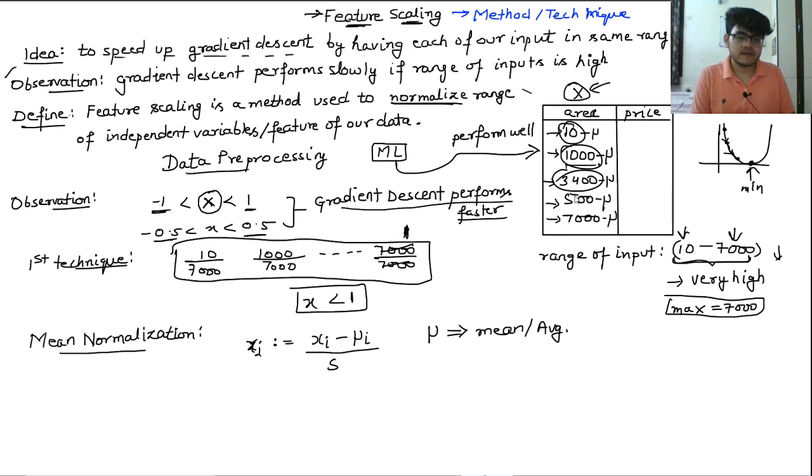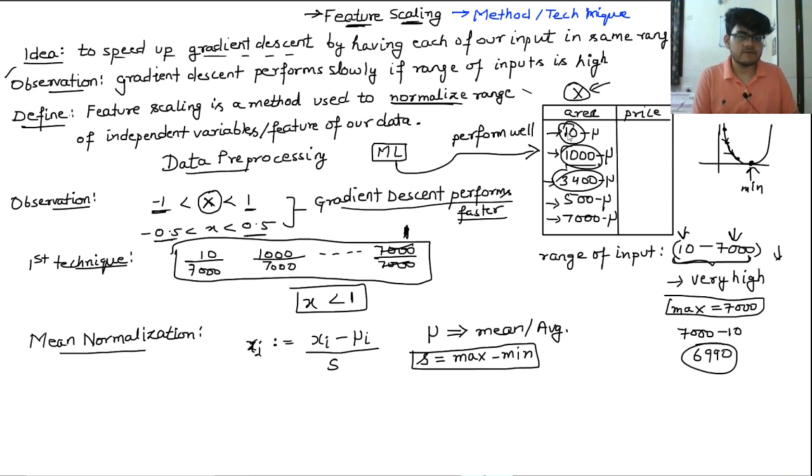After subtracting, you have to divide by s. S is equal to maximum minus minimum. What is the maximum value? Maximum value is 7,000. What is the minimum value? It is 10. So what we get is 6990.